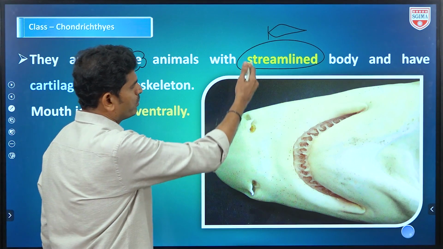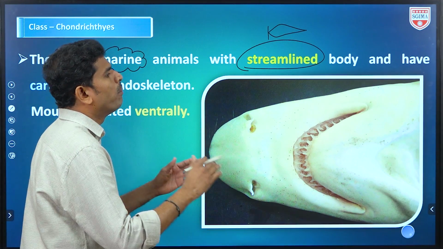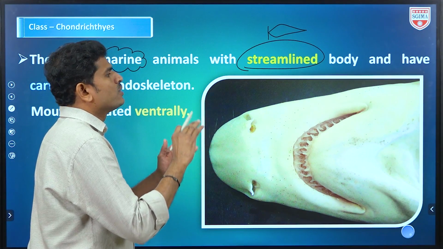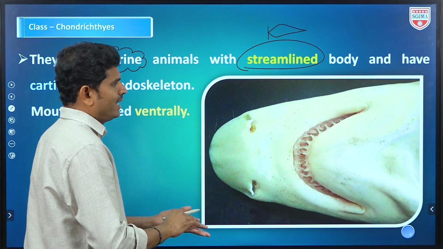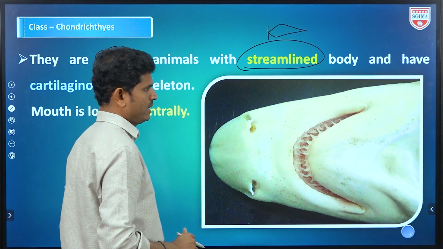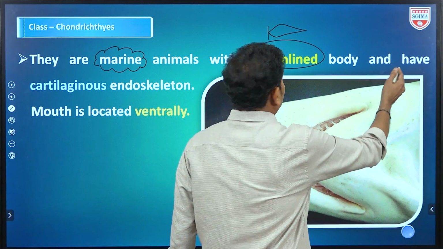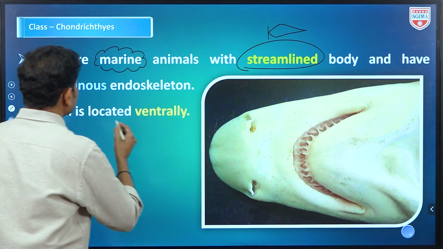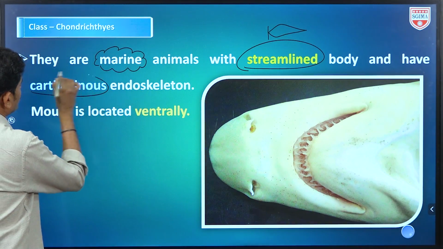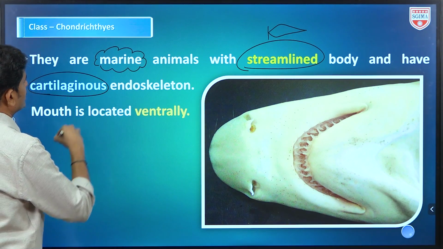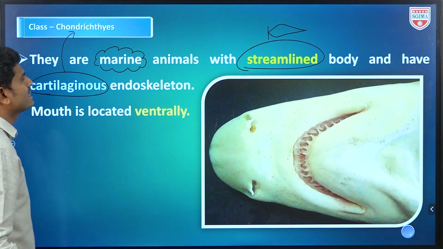So streamlined body बोले तो this is only the meaning. So body will be suitably modified to the aquatic habitat, streamlined. And they have a cartilaginous endoskeleton. As usual, we know that endoskeleton is cartilage. That is only the meaning of Chondrichthyes fishes.